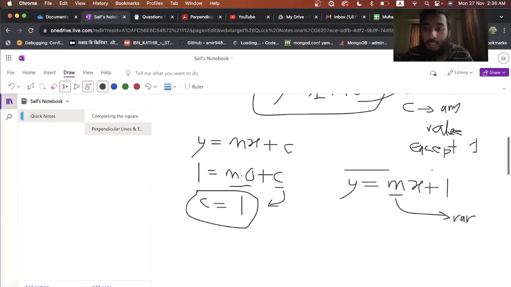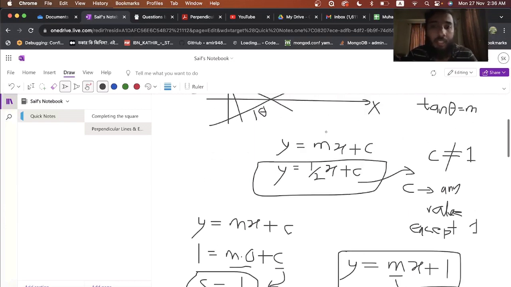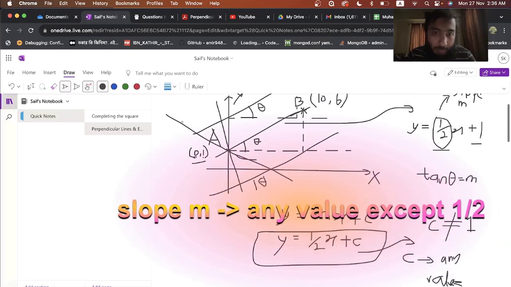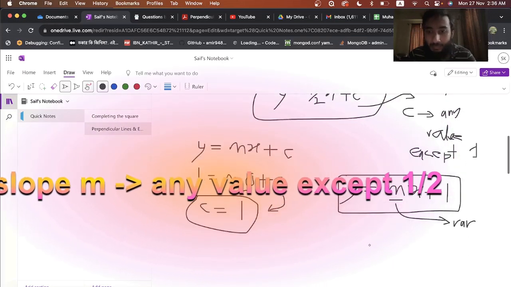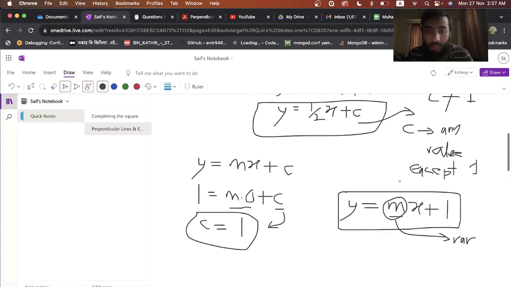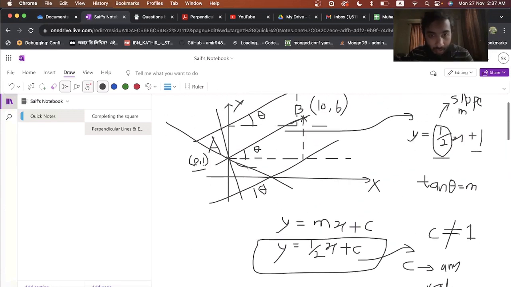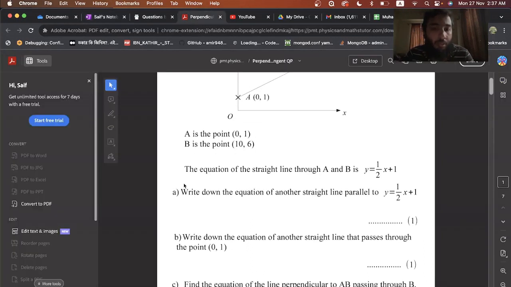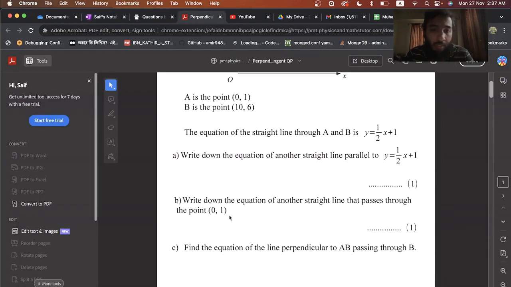So this is the equation of a line that passes through the point A, where the slopes can differ, because clearly the slope of this line is not the same as the slope of these lines. These are not parallel lines, right? So this is how you solve question B.